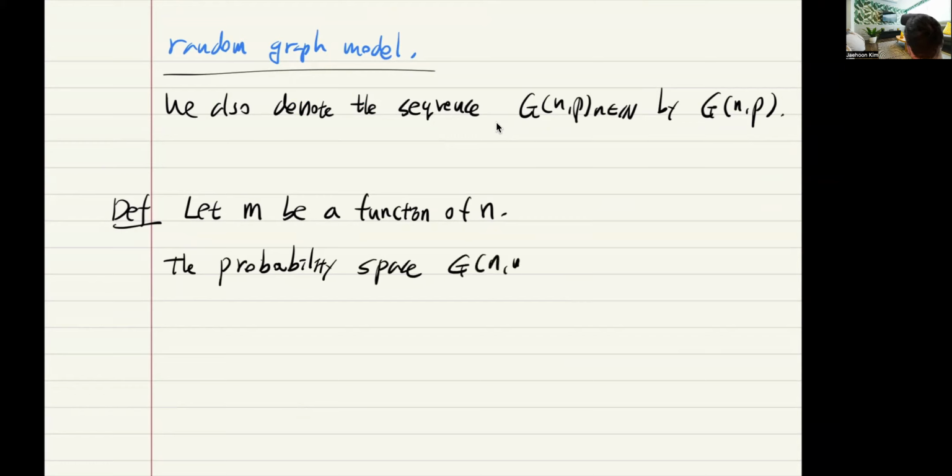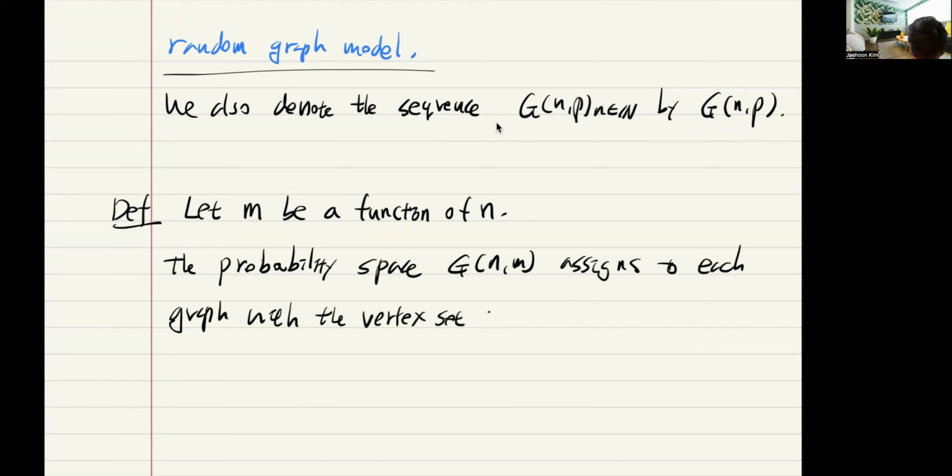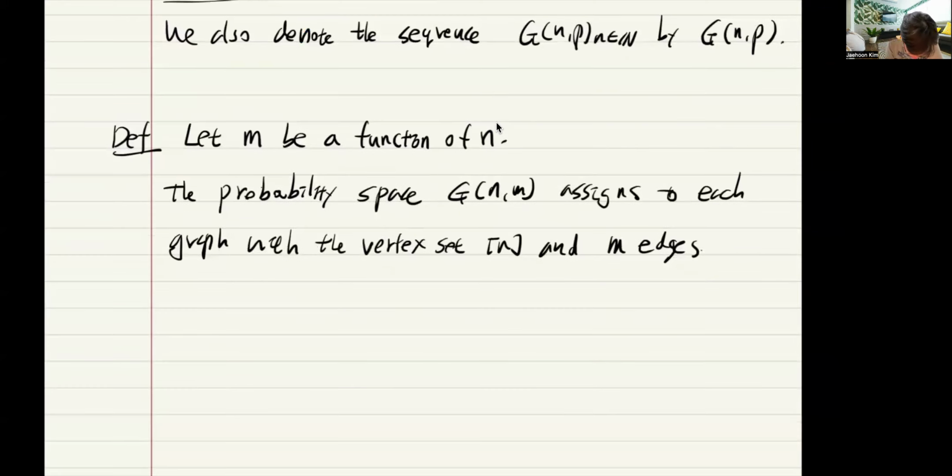G(n,M) is assigned to each graph with the vertex set [n] and M edges. So there are many such graphs, and to all of them we give the same probability measure.